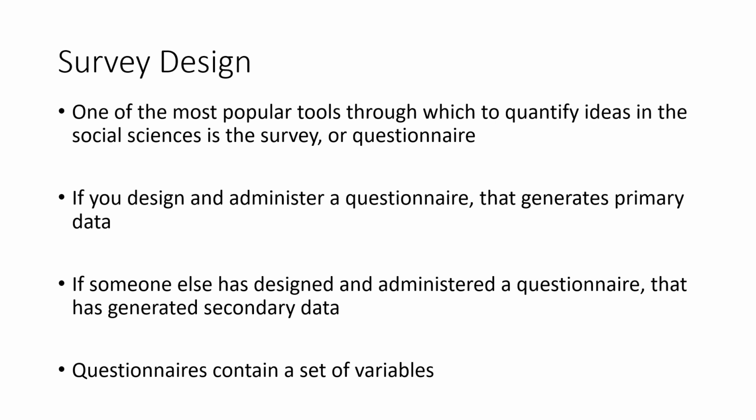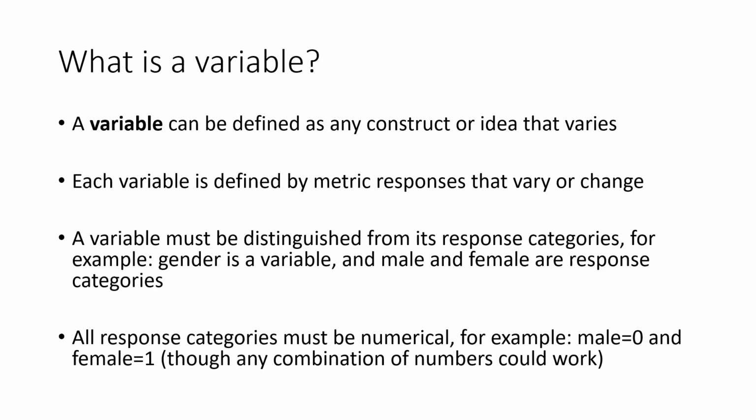Now, within questionnaires, essentially what you have is a set of variables, and it is this topic that the lecture will now turn to. So now we arrive at the fundamental question: what is a variable?